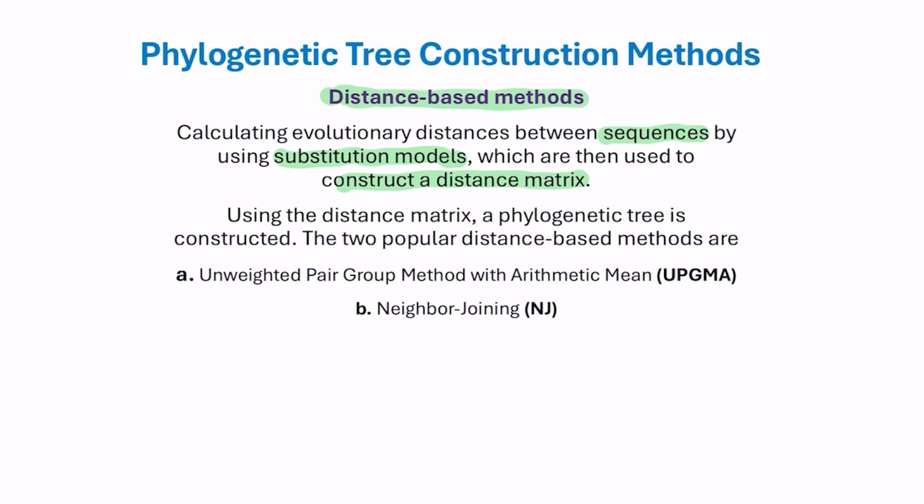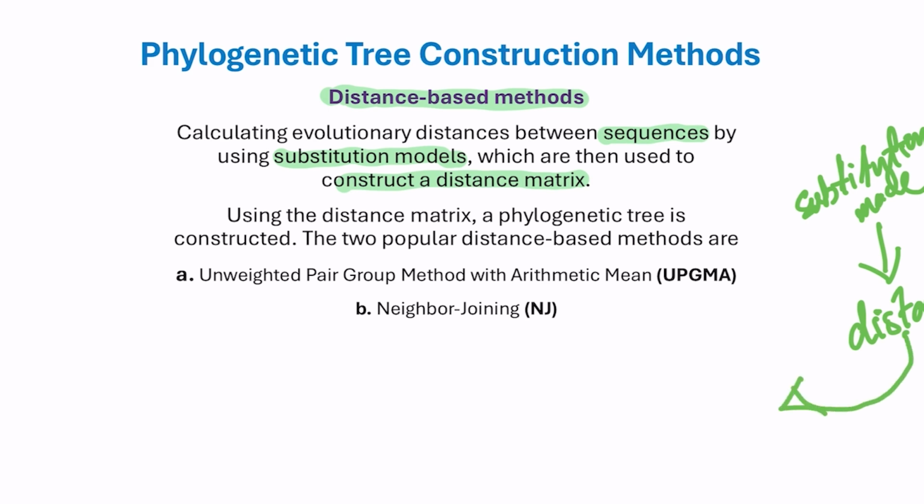So in this type of tree, we use a substitution model, and then from the model we will construct our distance matrix. And this distance matrix we can use to construct a phylogenetic tree. There are two main types of phylogenetic trees by using this method.